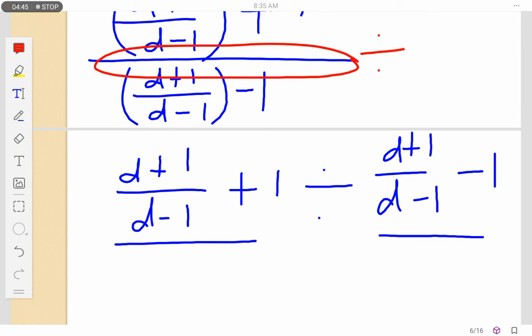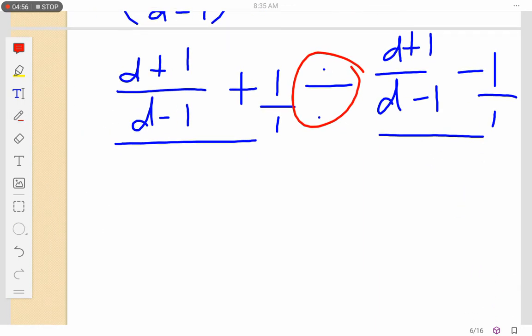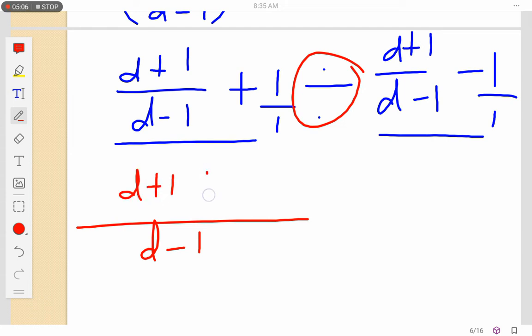The ones there are as good as 1 over 1. Let's remember our division sign here. When I do that, the lowest common denominator there is D minus 1. So D minus 1 into this one, I'll remain with D plus 1, then plus 1 times D minus 1.